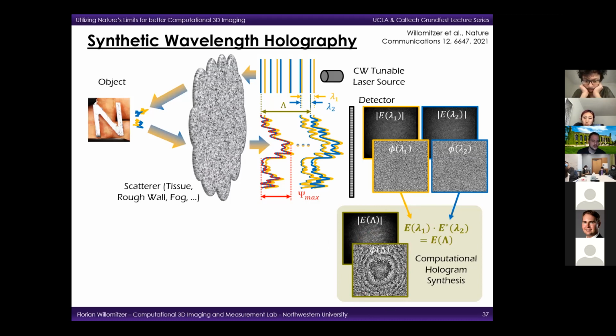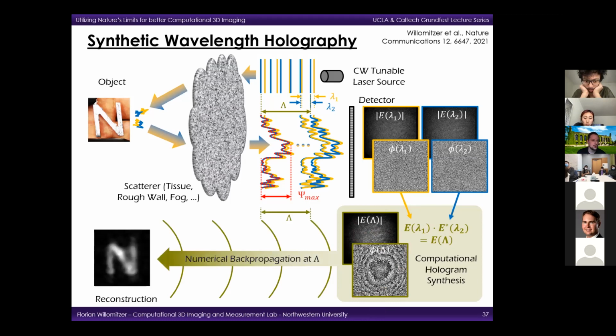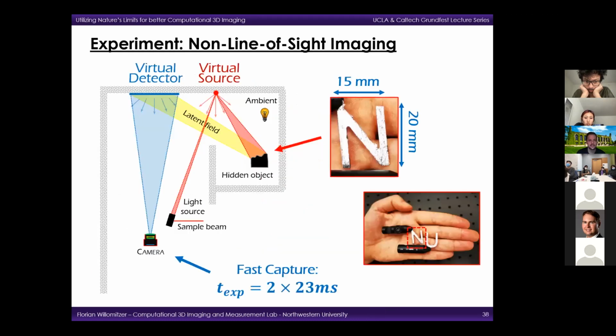And to reconstruct the object now, we simply perform a numerical backpropagation at the synthetic wavelengths. And then we end up with the shape of the hidden object and also with the position of the hidden object in space. And we did this here for the non-line of sight geometry, where we project the laser on the wall and image then the returned latent field from the hidden object with a camera.